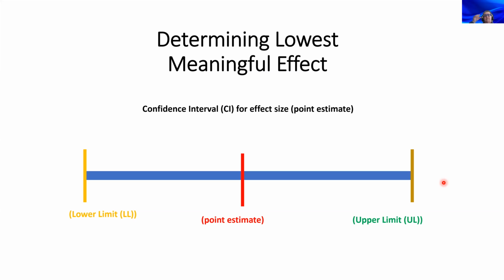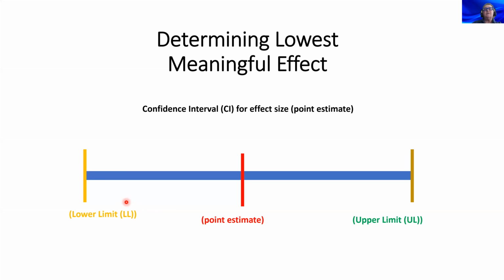One of the areas to consider for identifying the lowest meaningful effect is if this is the point estimate that you calculated in terms of D, it's likely that if you repeated the study, the effect size could be lower than that point estimate, could be greater than the point estimate. What you want to do is to hedge your bets.